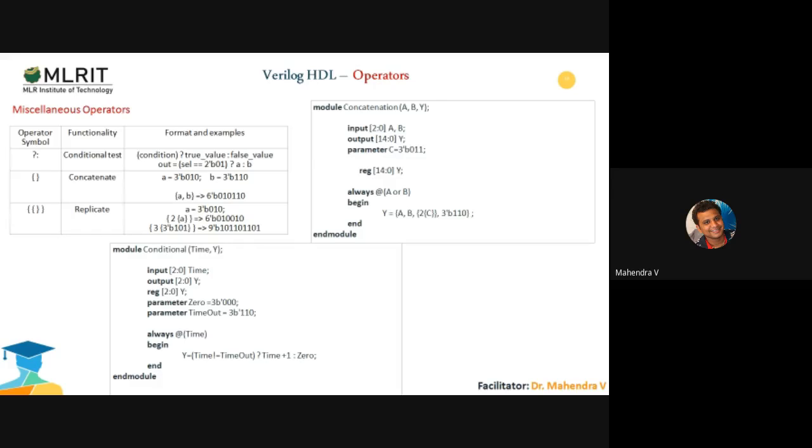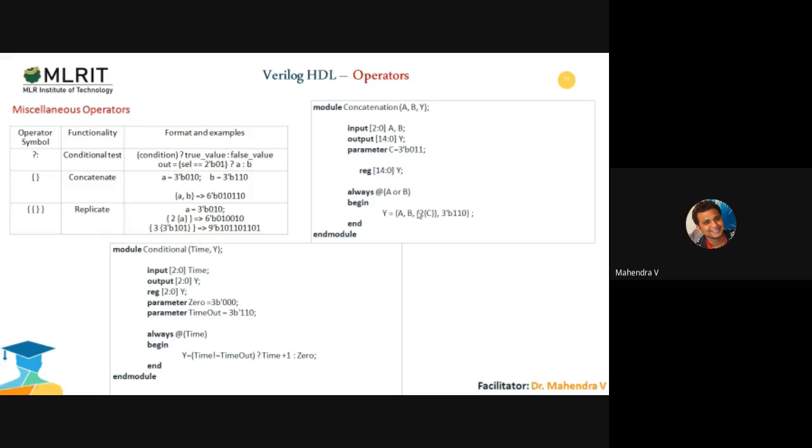Okay. For replicating, we use these flower brackets. One set of flower brackets for concatenation, 2 sets of flower brackets for replication. Okay. Now in the example here we have used both.